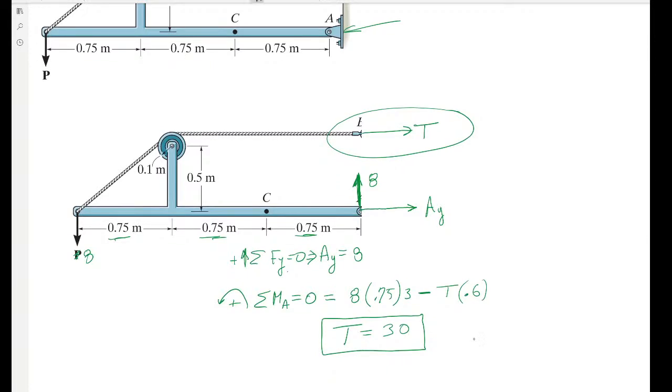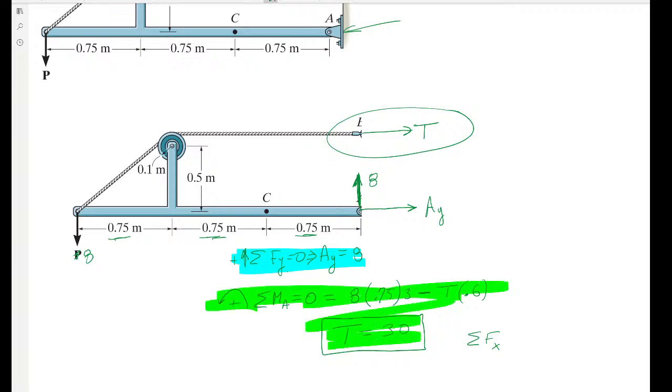Now I can immediately sum the forces in the X. Here's what I should do. I should highlight these with different colors to indicate that each one is, because I'm sort of packing things around here.